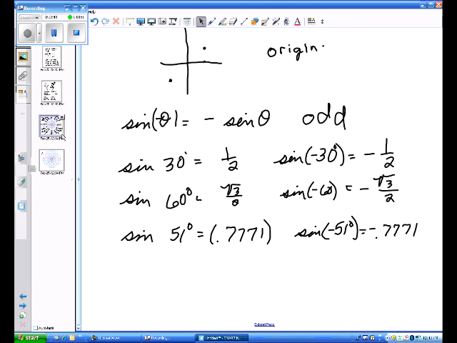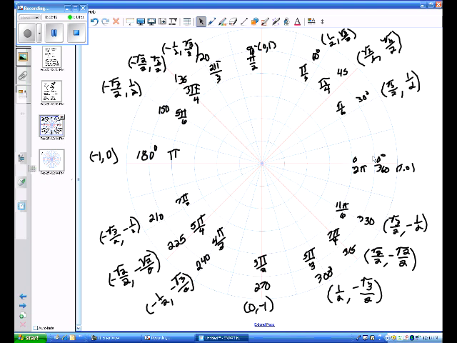Now let's look at the cosine. So if we go up here to 30 degrees, or pi/6, our cosine is square root of 3/2. If we go to negative 30 degrees, then our cosine is square root of 3/2. For the opposite angle, we still got the same value. If we go around to the second quadrant, for 150 degrees, our cosine's negative square root of 3/2.